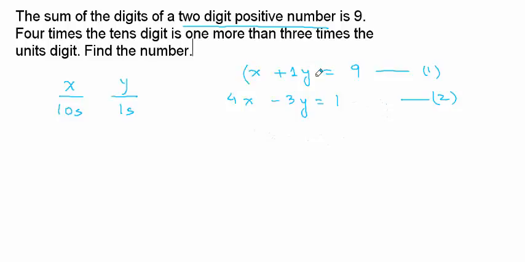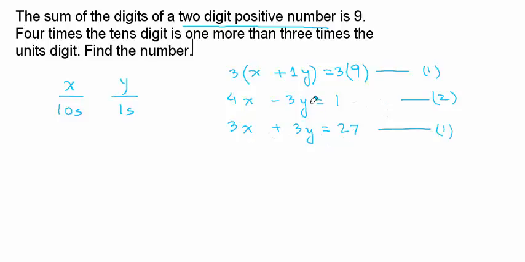Remember, you are allowed to multiply both sides of an equation with the same number. Remember, we are looking for a 3 over here, a positive 3. Therefore, we are going to multiply this with 3, this with 3. We have 3x, rewriting equation 1, plus 3y is equal to 3 times 9 is 27. Another form of equation 1, just the same thing.